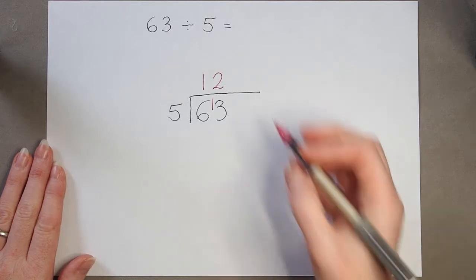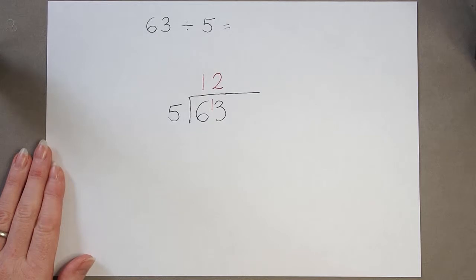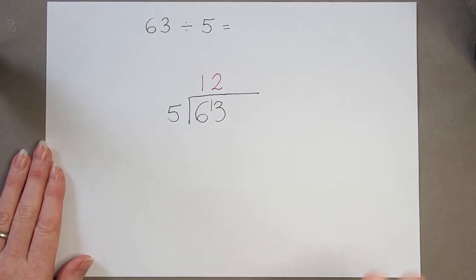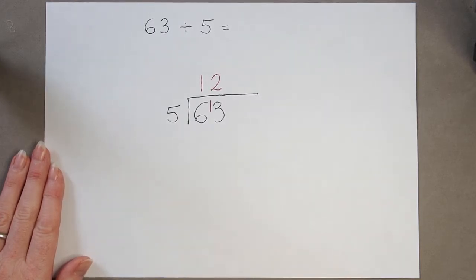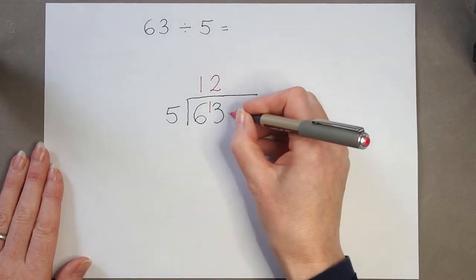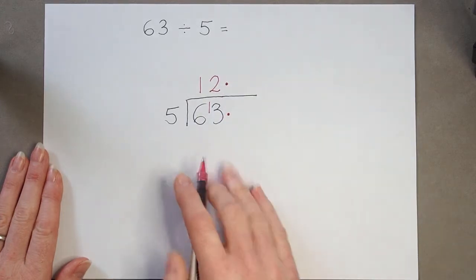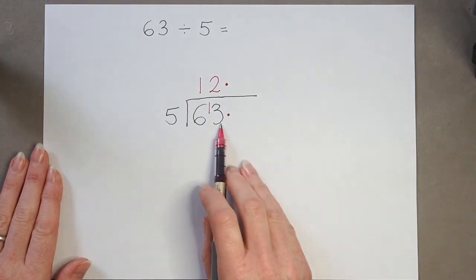Now, instead of writing remainder 3 in my answer, what I want to do is get a decimal. So if you've already seen how to divide a decimal number, then we're going to use the same process. So all I need to do is put the decimal point in, because that's the end of my whole number. It's 63.